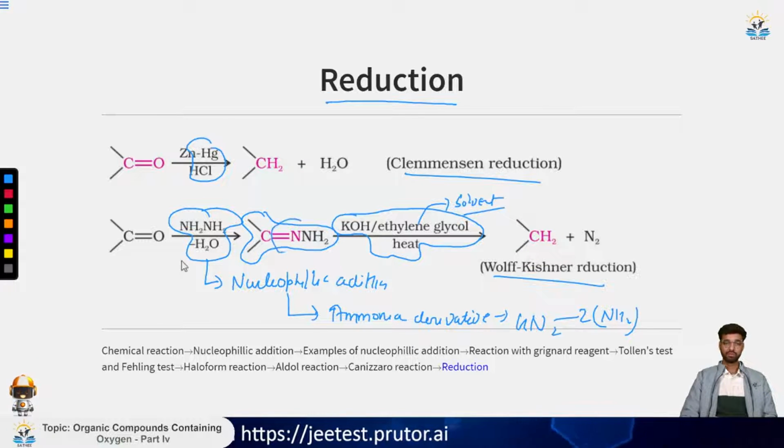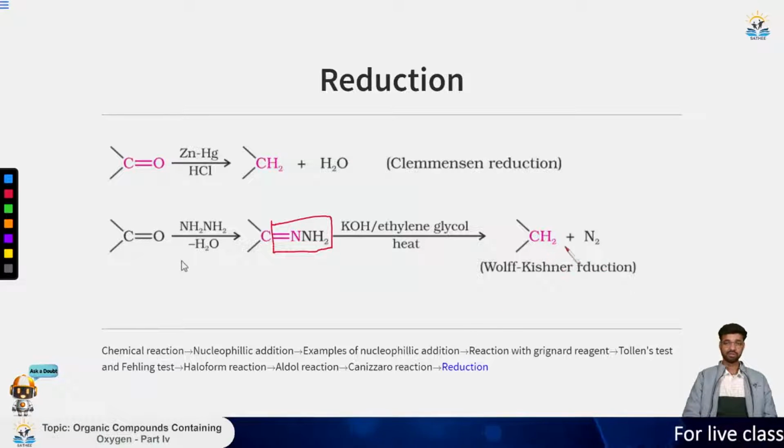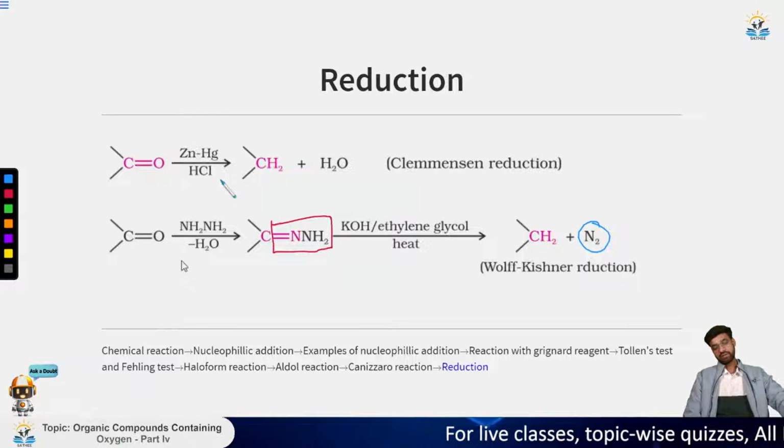So this whole group is replaced by 2 hydrogens. This is a kind of reduction reaction because we are adding 2 hydrogens. This reaction is feasible due to the release of N2, which is a phenomenal leaving group.